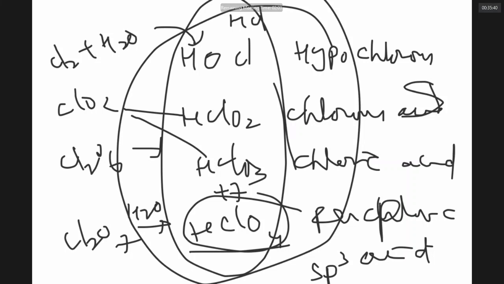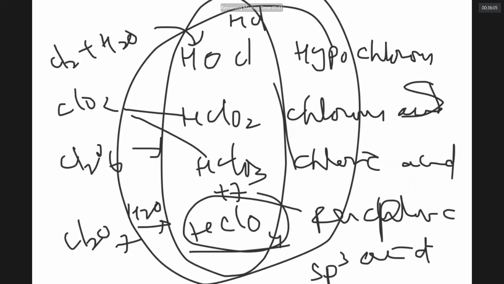HClO4 has 3 dπ-pπ bonds. There are 2 points. More oxygens, more acidic. The number of dπ-pπ bonds is equal to the number of oxygens minus 1. In all oxyacids of chlorine, the central atom is sp3.